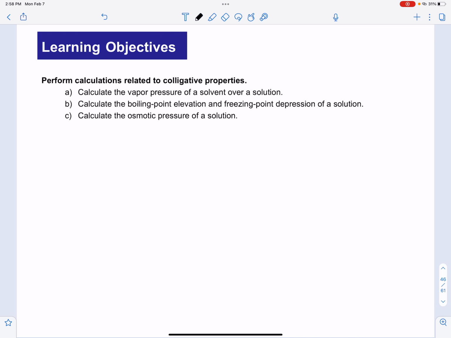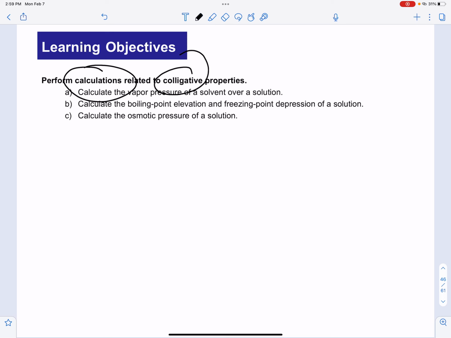What about a problem like this? Can we do calculations related to colligative properties? Can we calculate the vapor pressure of a solvent over a solution? Can we calculate the boiling point elevation? The way colligative properties affect the boiling point is going to make it higher. So if you boil water at 100 degrees Celsius, when you put a solute into it, it's going to boil above 100 degrees.